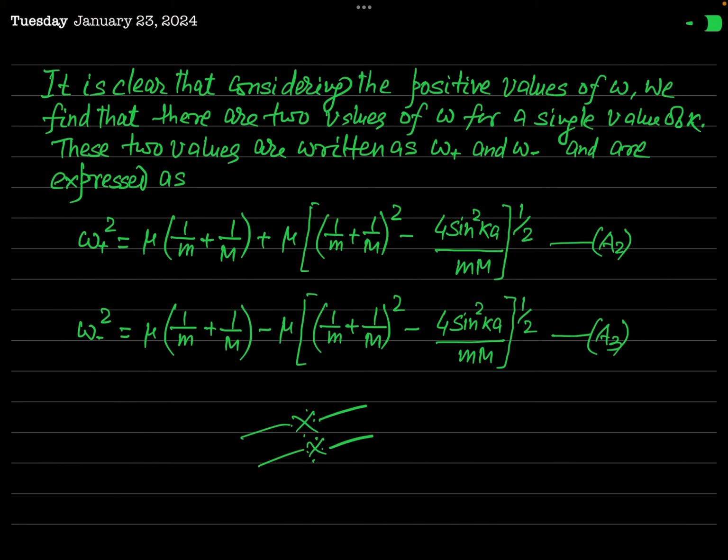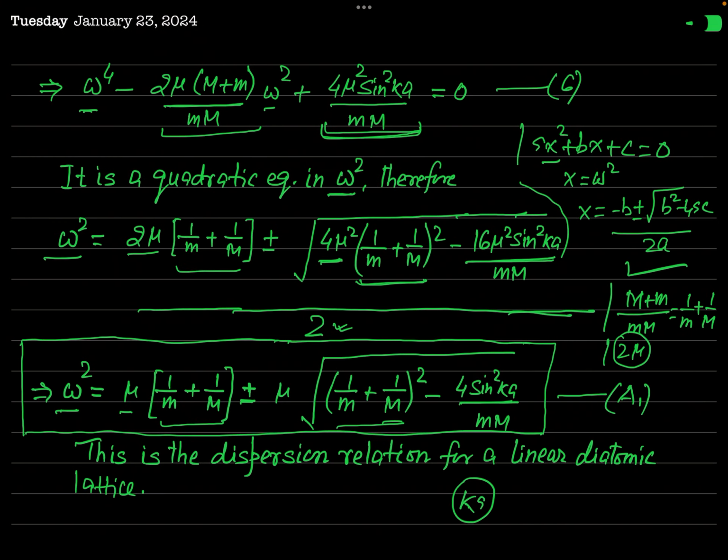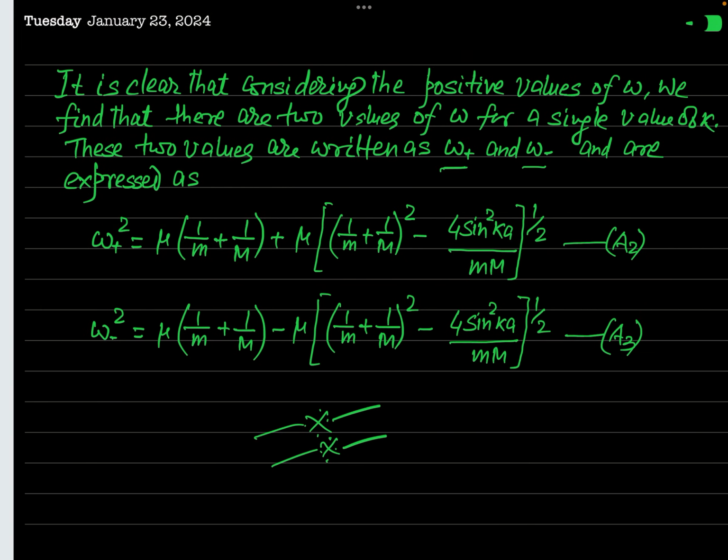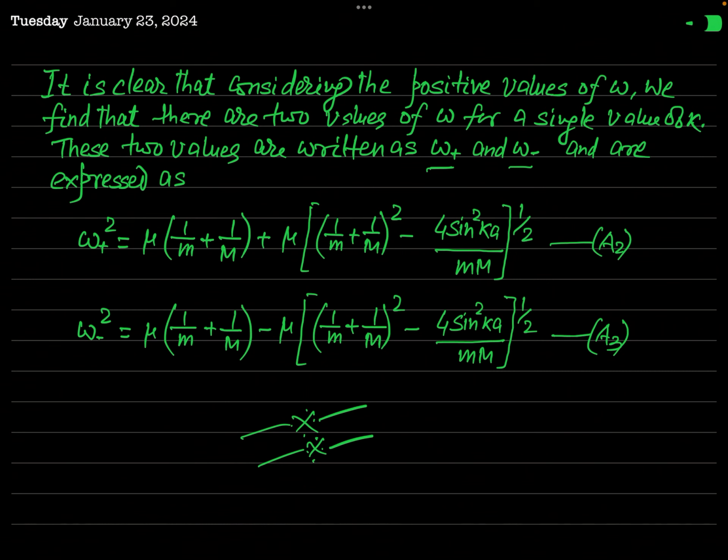Although in the monatomic linear lattice vibration there was only one value of omega for a particular value of k, here I have denoted these two values by omega plus and omega minus. The subscript plus indicates that you have to consider the plus sign of equation A1, and omega minus is obtained by taking the negative sign.